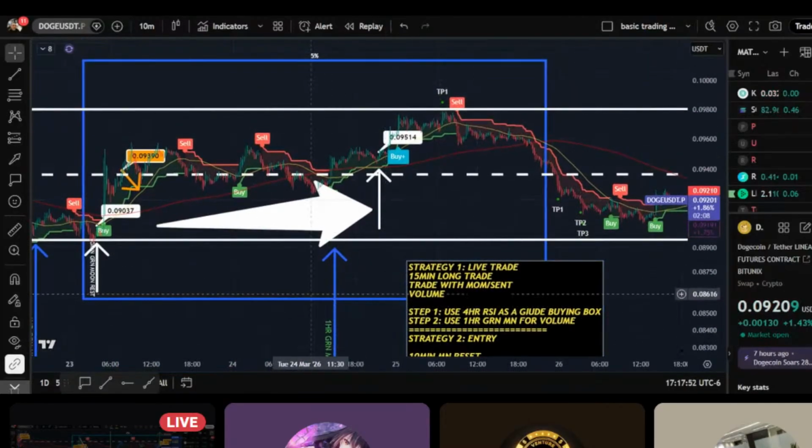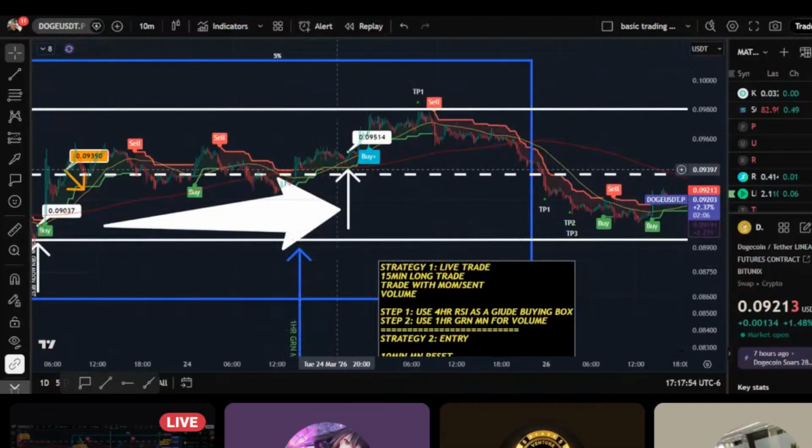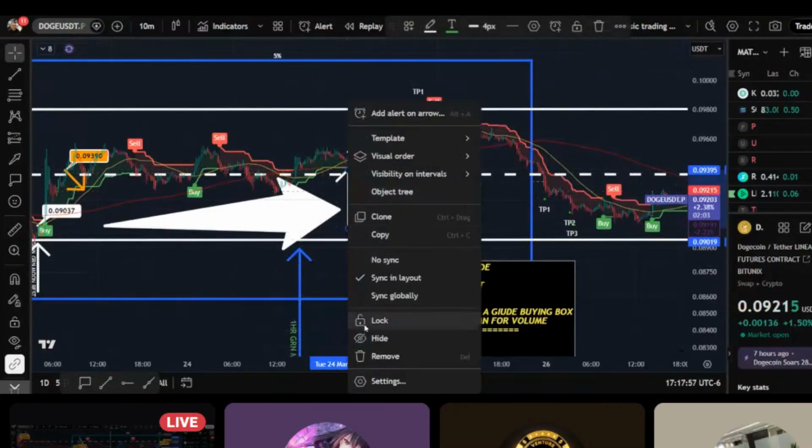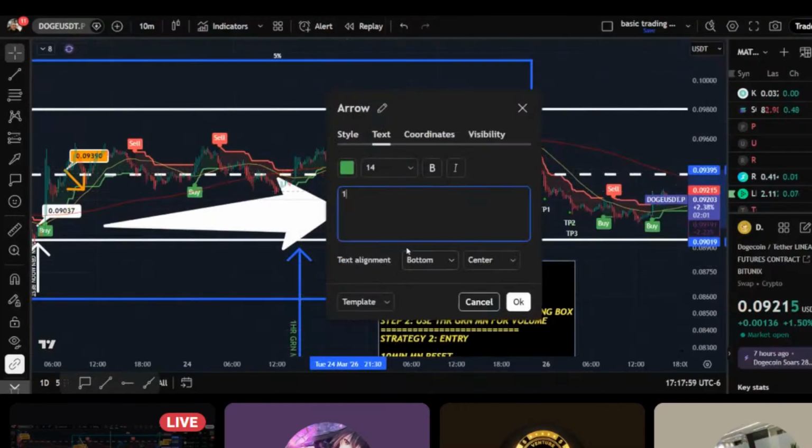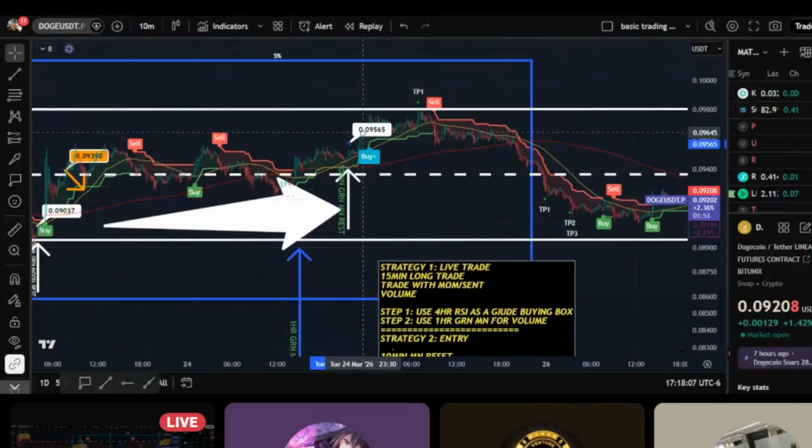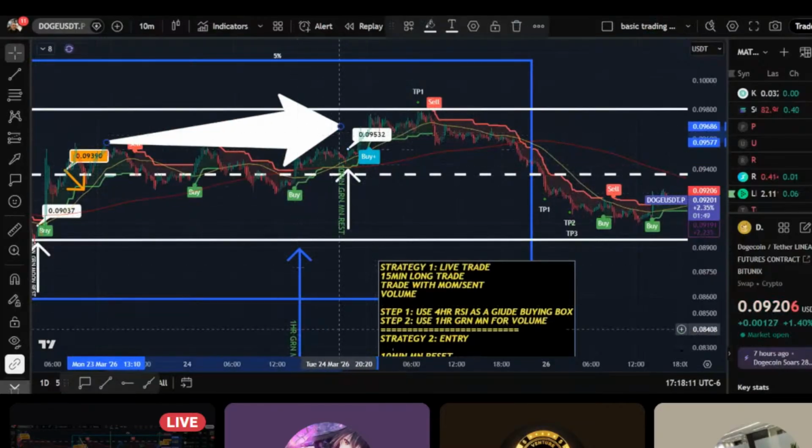So once that 1-hour moon hit the second time, then we wait here for this arrow to create the 10-minute green moon reset entry. And that brings us to our next entry, which is off this here at 9532. That make sense?